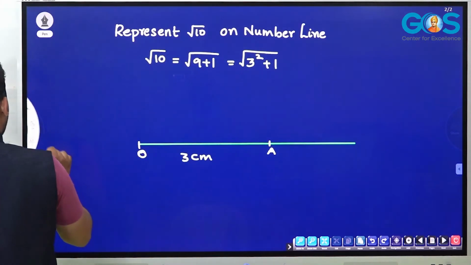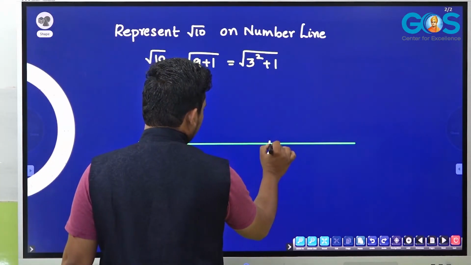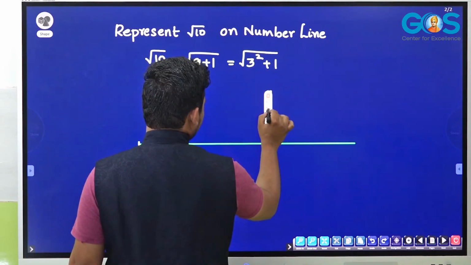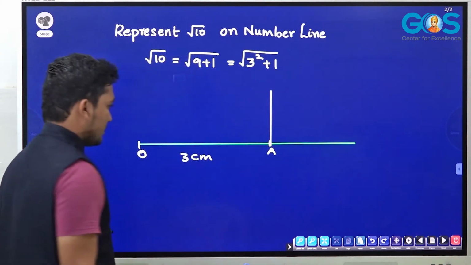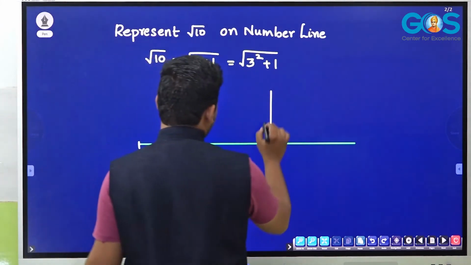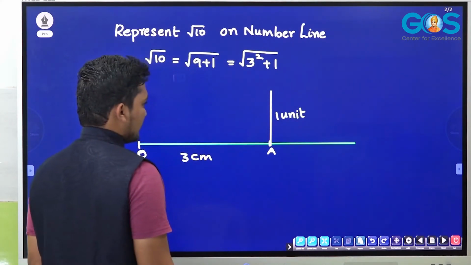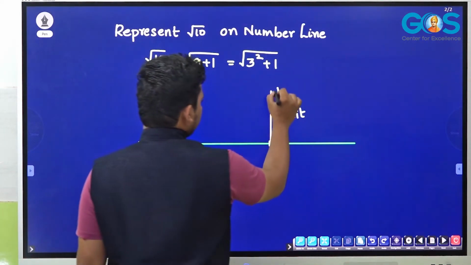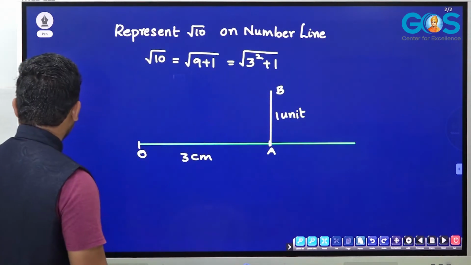As usual, with A as a center, just by using the scale you draw exactly 1 centimeter, exactly 1 unit, and it is B. Next, join OB.